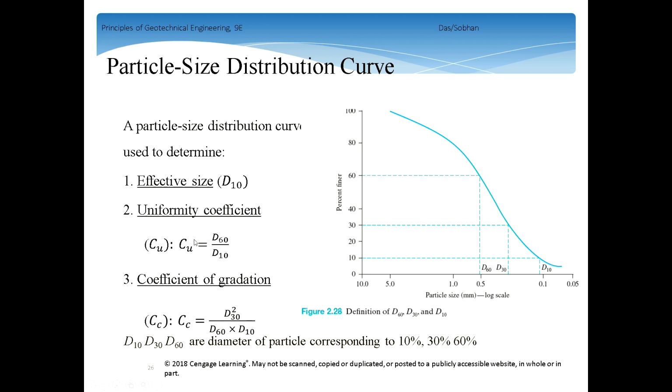So this is why we calculate these two. But if you want to calculate these two coefficients, you need to know D10, D30, and D60, right? And the D10, D30, D60 are the diameters of particles corresponding to a percentage of 10, 30, 60 on the particle size distribution curve.